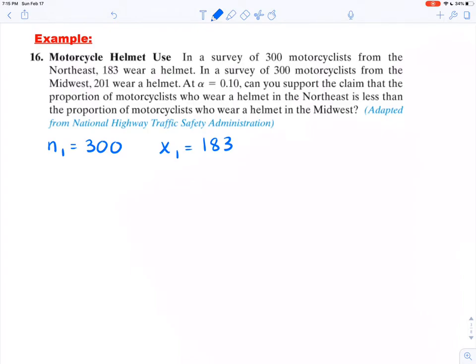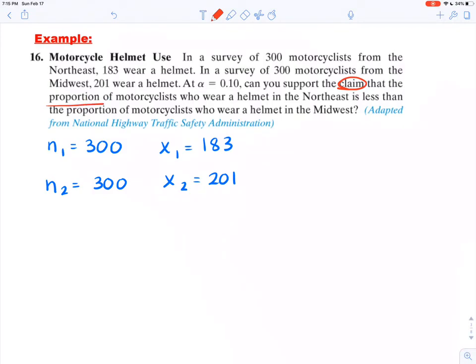In my second survey, I've got the same sample size of 300, but the number of people who wear a helmet here is 201. Now notice what I'm asked to test here, my claim that I'm given, is in terms of a proportion.